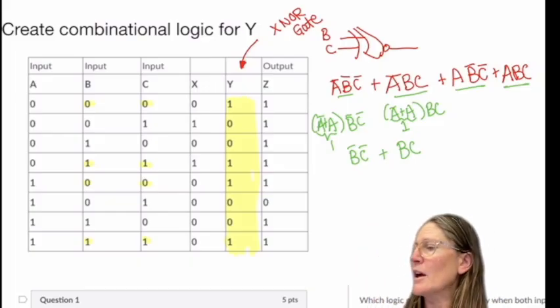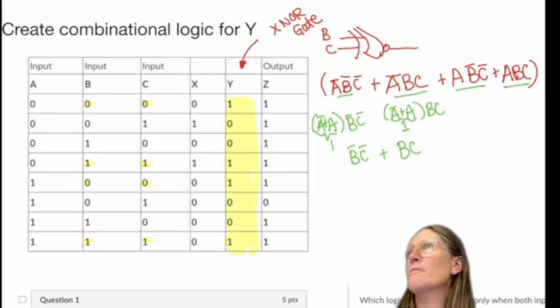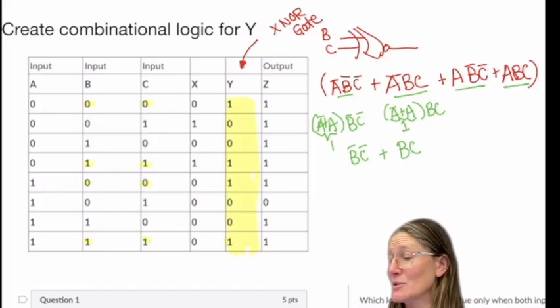Or I can create the logic for all of these, and you would get credit for either one. You're not required to simplify it if it's not asked to be.